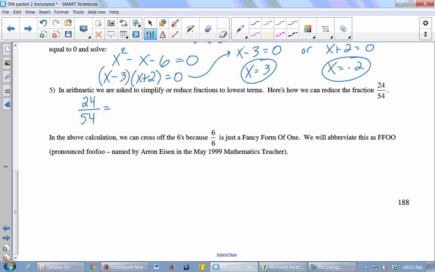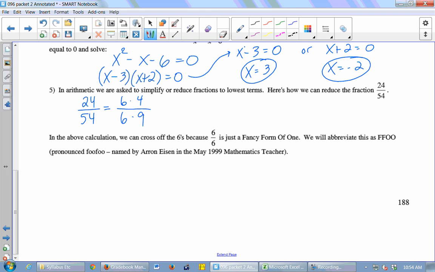So let's do 6. I want to rewrite 24 as 6 times something and 54 as 6 times something. So 24 is 6 times 4 and 54 is 6 times 9.